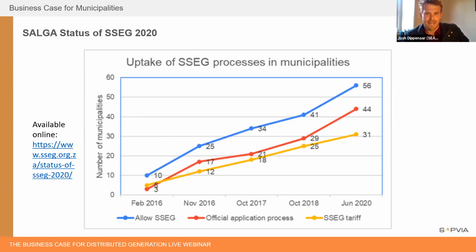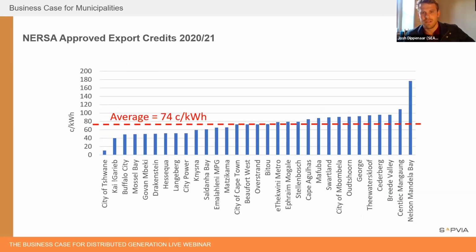And then if we go to the next slide, it shows what these SSEG tariffs look like. So there's the 31 across the country, and they range from 10 to 40 cents in some municipalities, all the way up to above 100 cents per kilowatt hour that the municipality will credit the customer for feeding into the grid. And the average is around 74 cents. And so that's the spread of the 31 municipalities who have export credits in place. And that was last year.